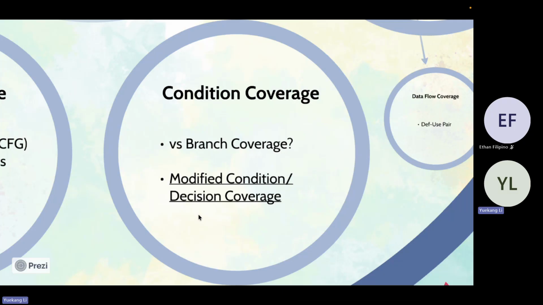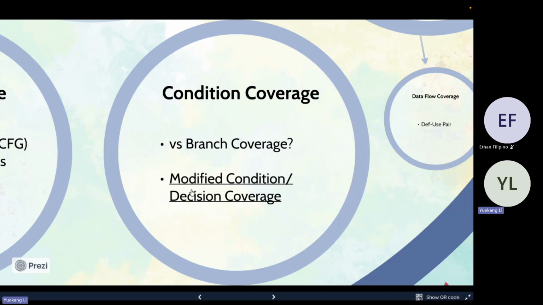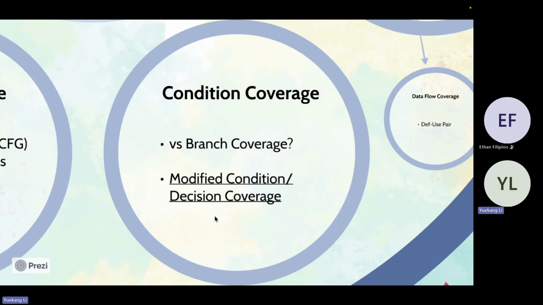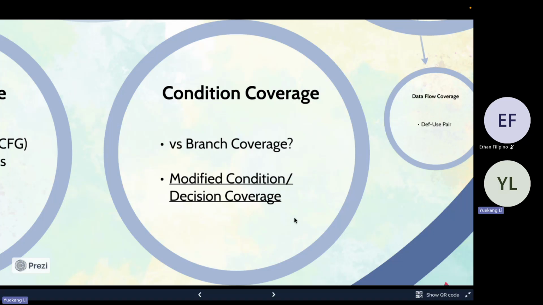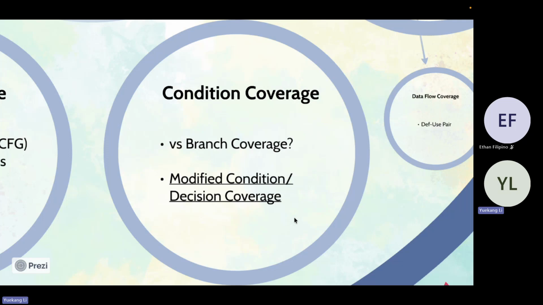And in that case, we know that condition coverage actually subsumes branch coverage. And we also learned modified condition decision coverage, which is known as MCDC. There are different levels of MCDC, and it's also part of the requirement of the NASA coding quality assurance guidelines.